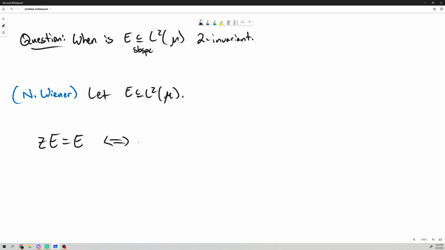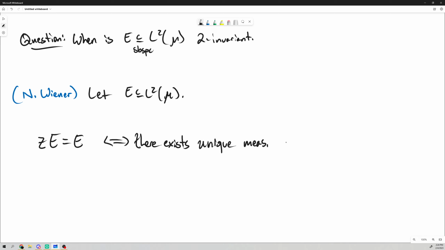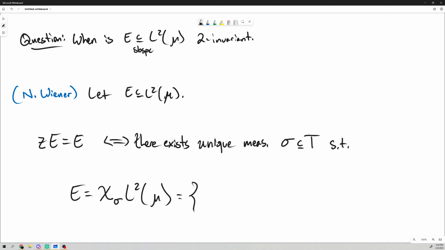Okay, so if and only if there exists a unique measurable set, and we're going to call this sigma, which is obviously going to be a subset of the unit circle, such that E is equal to the characteristic function of sigma applied to L2 mu. Okay, now what is that characteristic function?